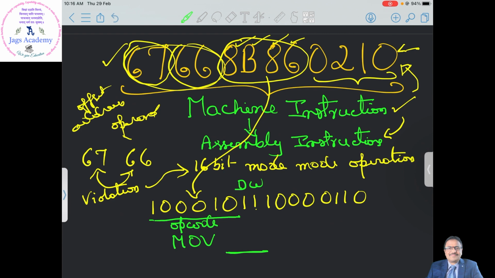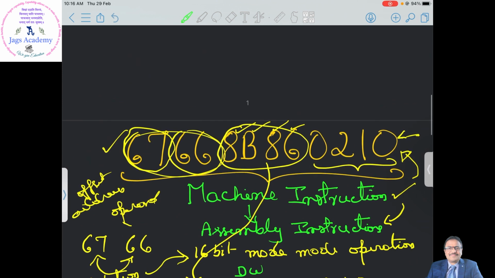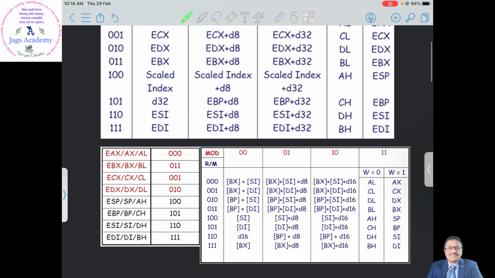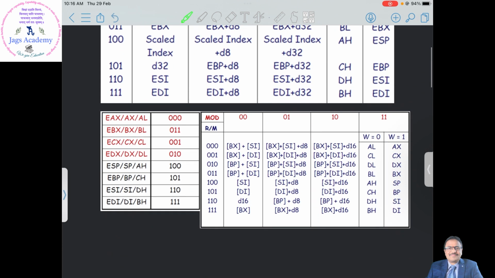Now refer to your REG bits. Referring to the REG bits, it is 000. Now see here, there is a violation. You are supposed to have a 32-bit register. Looking at the register bits of 000, what is the register?